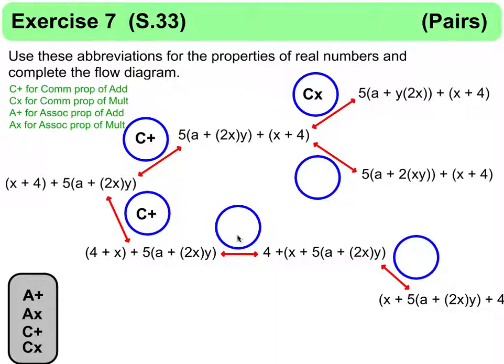This one right here is the associative property of addition. This one that I kind of left behind is the associative property of multiplication. And this one here is the associative property of addition.